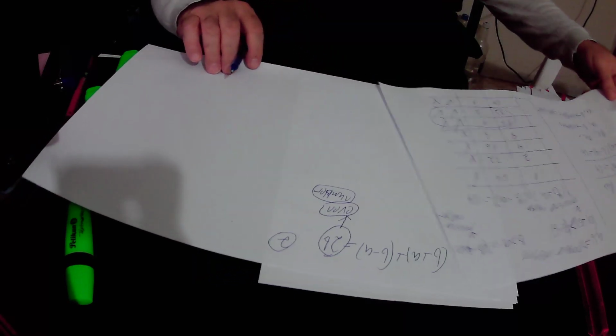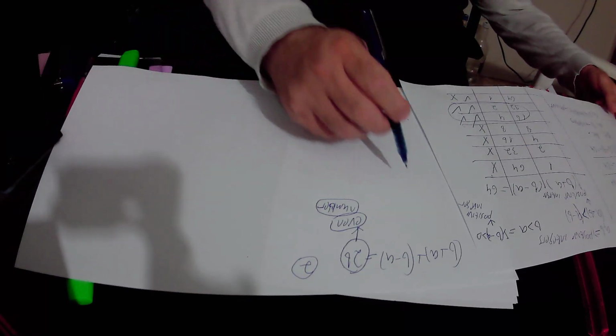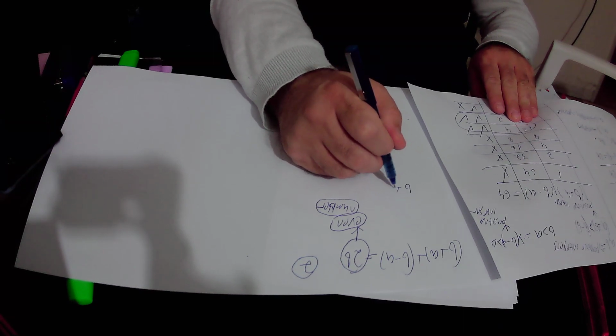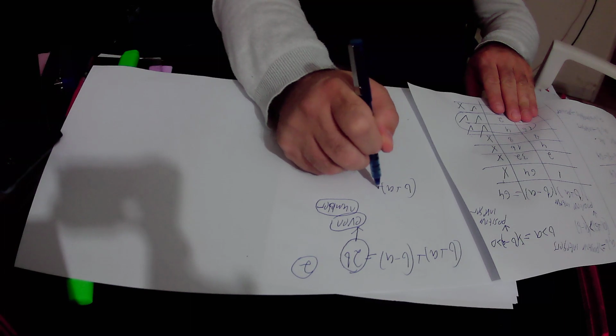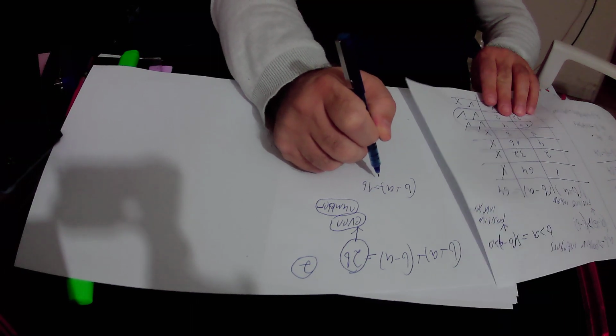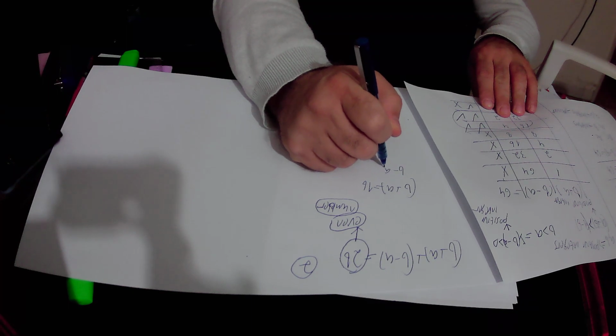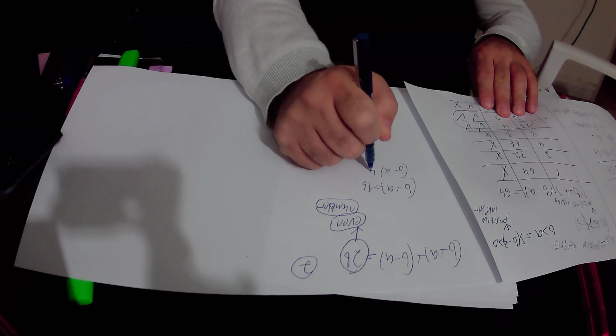So according to the first solution, we have b plus a equals 16, while b minus a equals 4. This is the first solution.